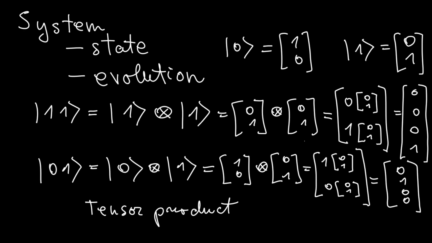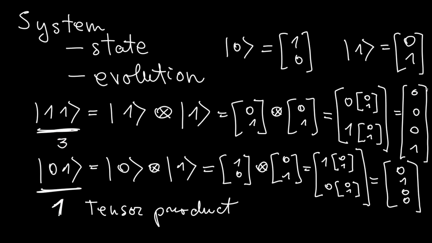You don't need to do these kinds of computations each time. Basically, this is binary number 3, and this is binary number 1.